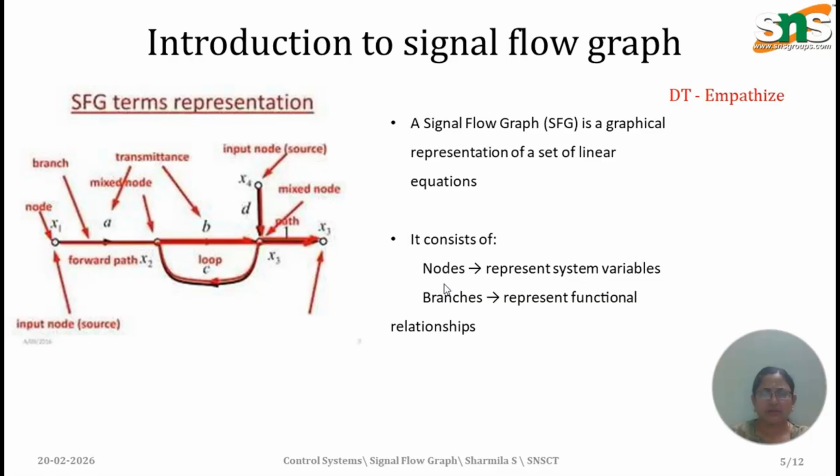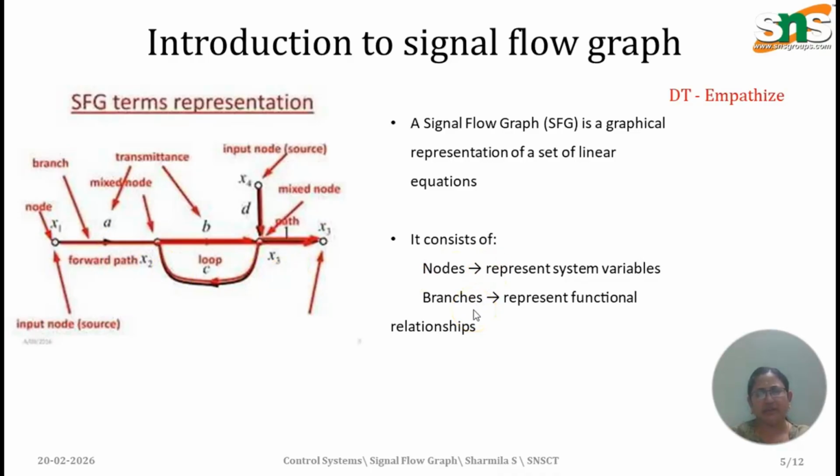Branches represent the functional relationship between nodes. A branch has a direction and a gain. The gain represents multiplication by a transfer function. For example, if x2 is equal to g of s times x1, then we draw the branch from x1 to x2 with gain g of s.